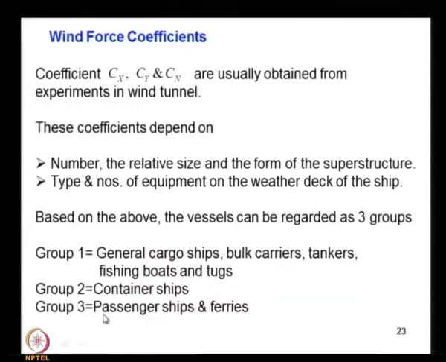So, whenever you design the ship, you have to consider wind effect also to analyze the ship stability. So, that is another class, group 2, container ships. The third group is passenger ships and passenger ferries. These are the general classifications of the ship, based on which these coefficients are prescribed.